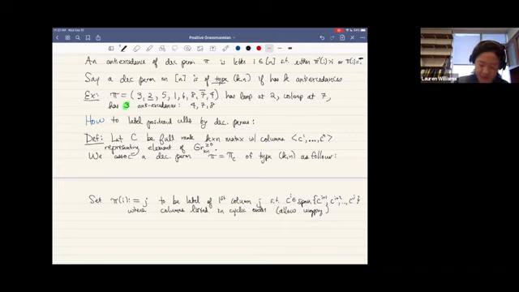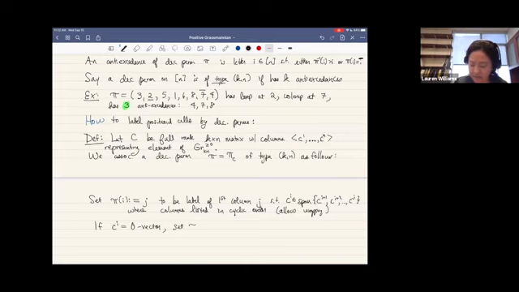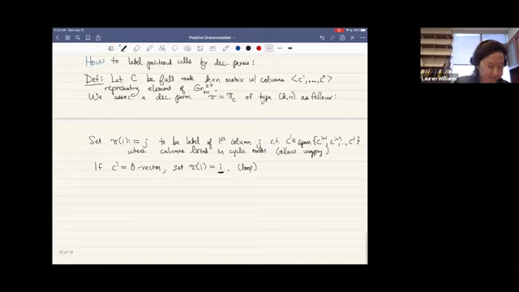And there are two special cases here. If column c_i is the zero vector, then in matroidal terms we would call this a loop, and so we're going to set pi of i to be i underline, which was also called a loop.